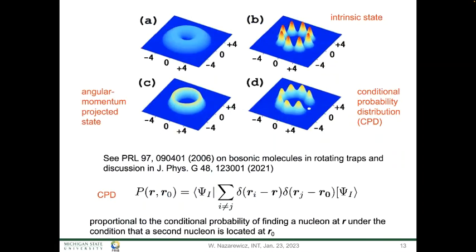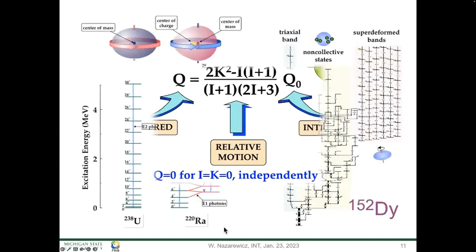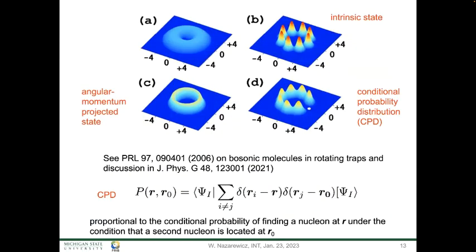I just would like to mention one way in which one can very elegantly define the intrinsic state in approaches which preserve symmetry, that is, laboratory system approaches. One can do it by using the two-body density distribution.